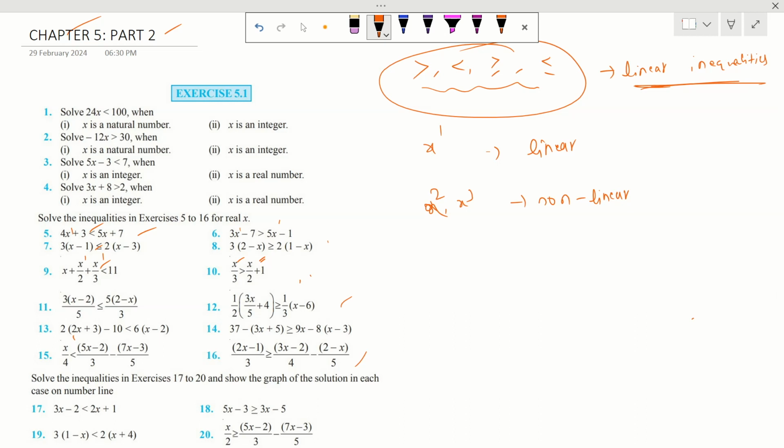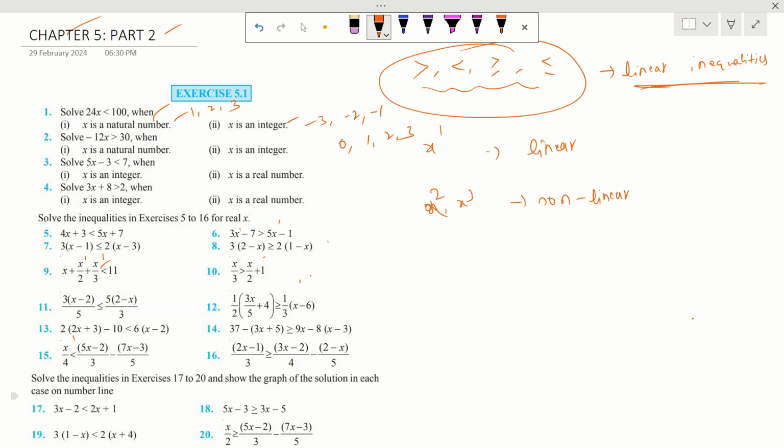Now we'll revise some things. What is the meaning of natural numbers? Natural numbers are the positive numbers, all positive numbers other than zero. Integers are those numbers which contain negative numbers, zero, and positive numbers.